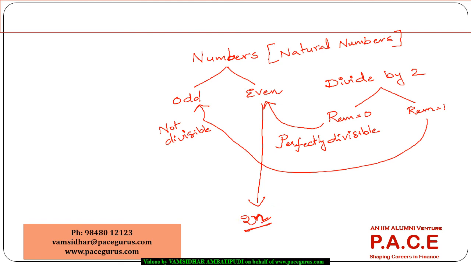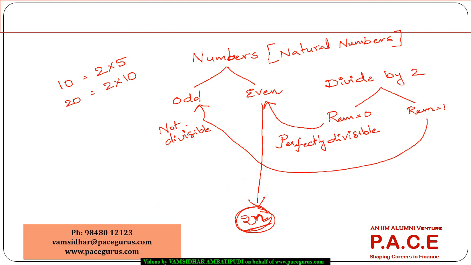So, any number which can be written as 2 into n. Now, if I am talking of 10, it can be written as 2 into 5. If I am talking about 20, it can be written as 2 into 10. So, any number which can be written in the form of 2n, which means 2 into n, is typically called an even number.